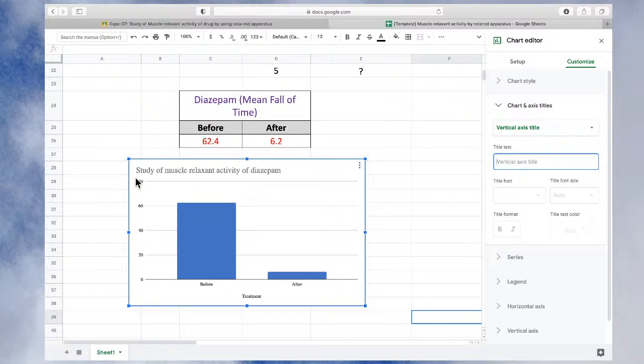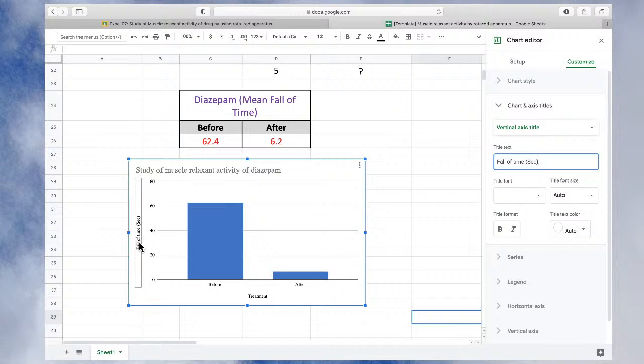This is the vertical axis, the y-axis. What is our y-axis? What is this 60 and what is this 6.2? These are fall off time, isn't it? And what is the unit of the time? It is in seconds, because the Rotarod apparatus measures in seconds. So you measure fall off time in seconds, right?